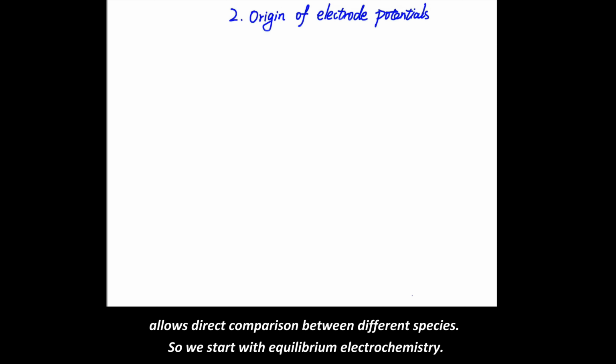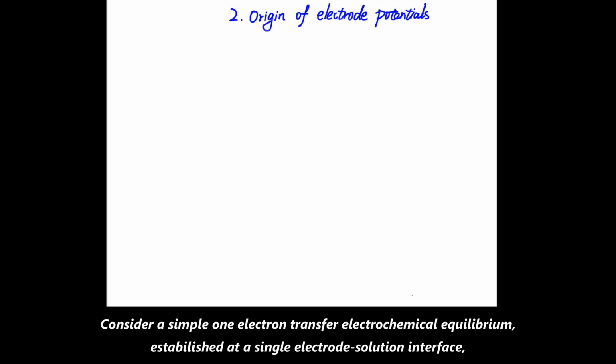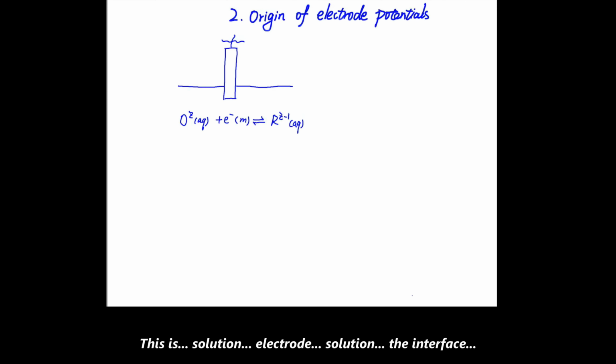So we start with equilibrium electrochemistry. Consider simple one-electron transfer electrochemical equilibrium established at a single electrode solution interface. This is solution, this is the electrode, this is the solution, and this is the interface.